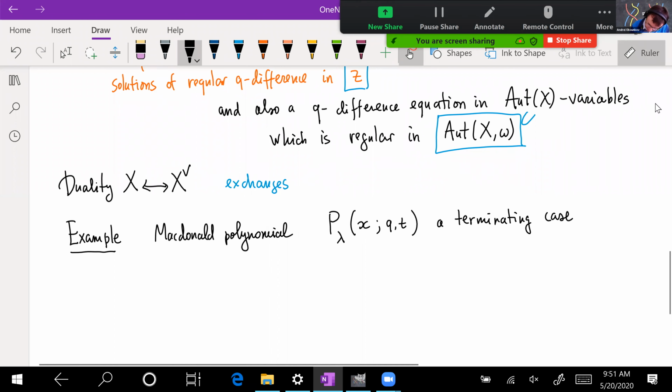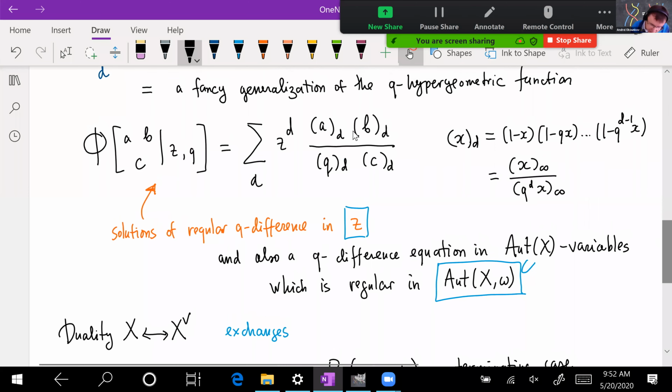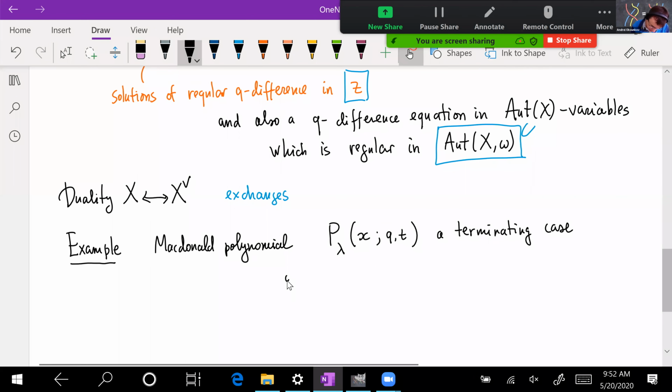Like typically in a hypergeometric function, there is some possibility for the series to terminate. If one of these factors becomes 0 for some D, then it'll stay 0 for all subsequent D, and so the series will really be a polynomial. So a Macdonald polynomial is a terminating case of a certain hypergeometric function.